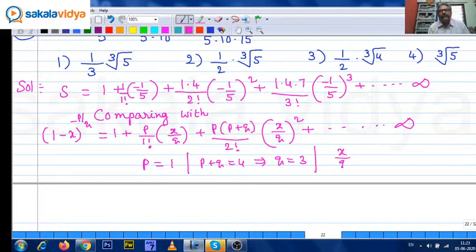Now x by q is equal to minus 1 by 5, that implies x is equal to minus 3 by 5.